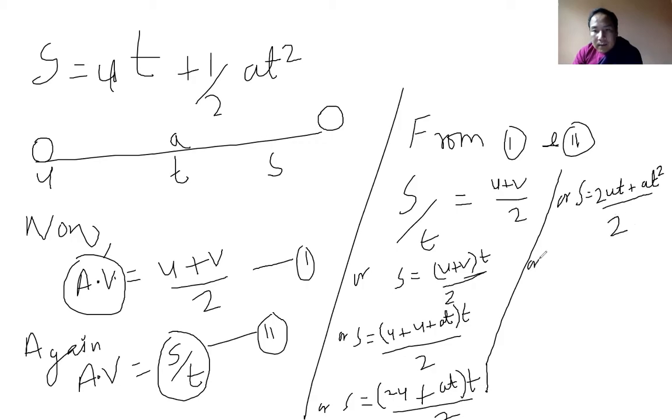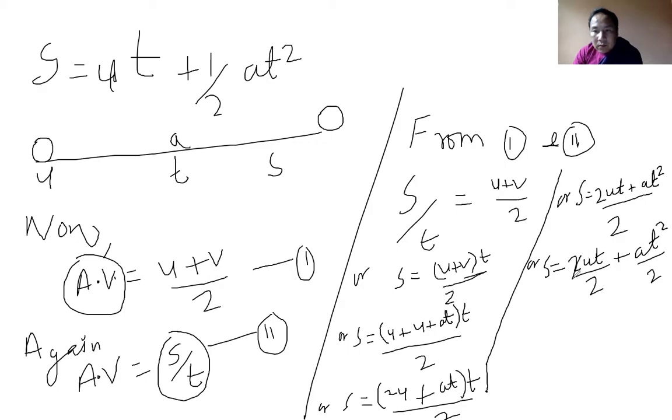Now break this expression. So s equal to, when you break this expression, it turns into 2ut, this 2 will be also divided, so by 2, and here is plus sign, so plus, and at square, so this 2 will go this side also, so at square by 2.